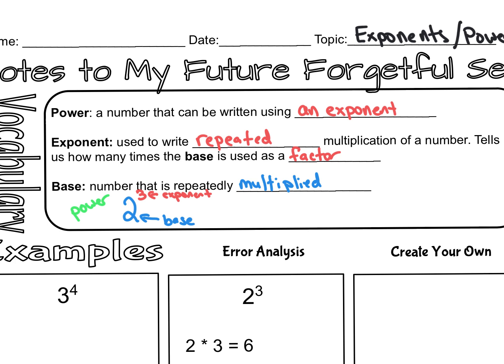So in this case, we would read this as 2 to the third power, or in this case, third. This could also be listed as cubed. So anything that's to the third power is also listed as cubed. If it's to the second power, it's squared.